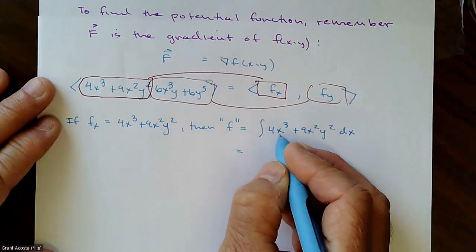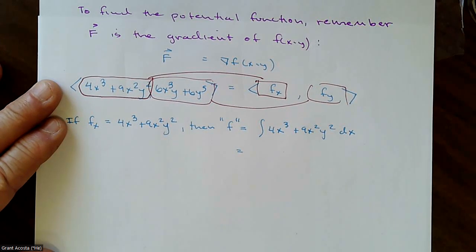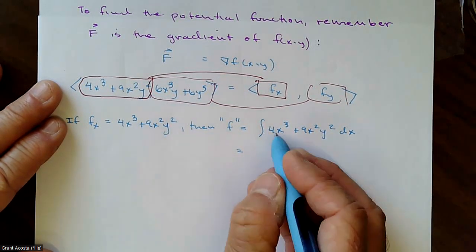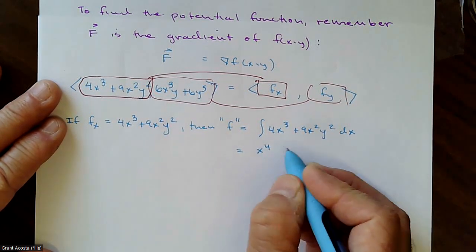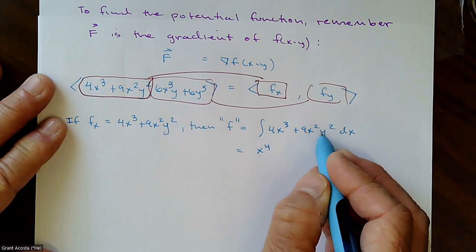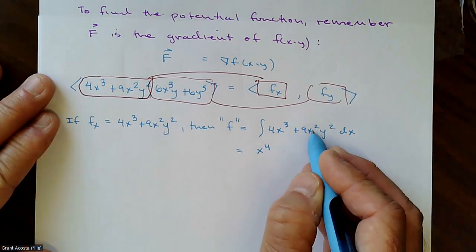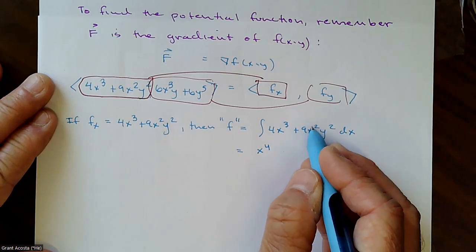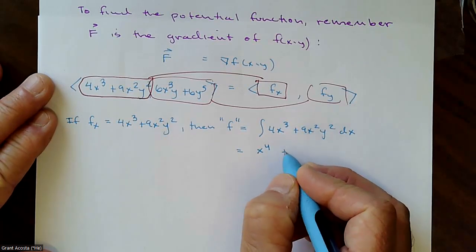So what would that give me? Well, the antiderivative of this with respect to x, this is already x, that's x to the fourth. And if I treat y as a constant, this would integrate to 3x cubed y squared.